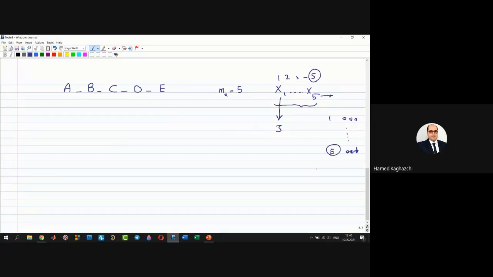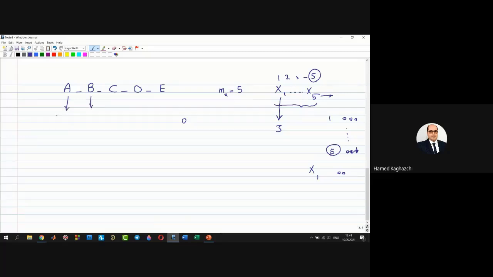If you have 4 symbols, how many bits do we need? 2 bits. So, because here I have 5 different symbols, minimum I can represent each symbol with 3 bits.